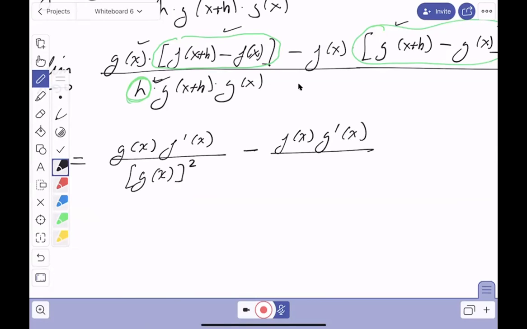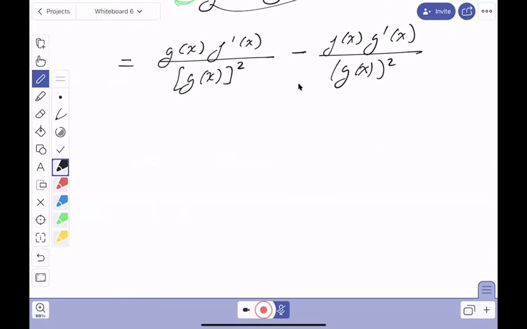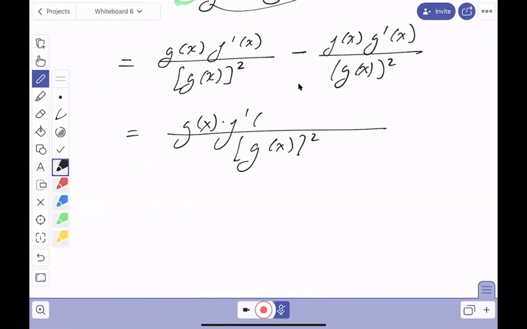What goes on the bottom? Well, g of x squared, right? What do I see? Something really simple. I'm seeing the bottom squared: g of x, f prime of x, minus f of x times g prime of x.